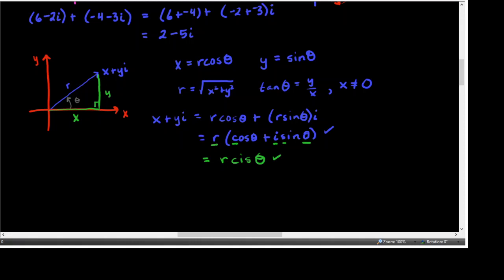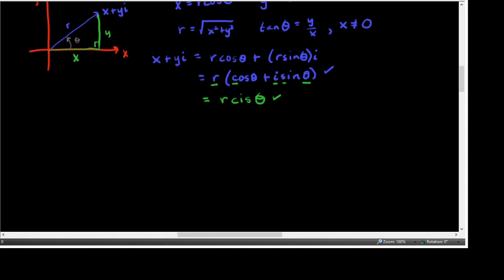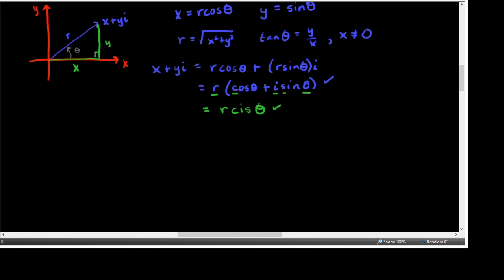And you can use this abbreviated form or the more expanded form. It kind of depends on what you're doing as to which form is more useful for you. But remember, if you see something in r cis theta, you need to know what it means. You need to be able to go backwards to r times cosine theta plus i sine theta to do some of the problems. That direction will be necessary to know. So please make note of that.